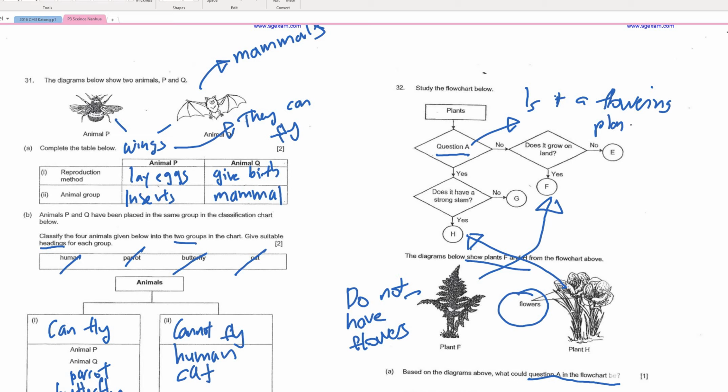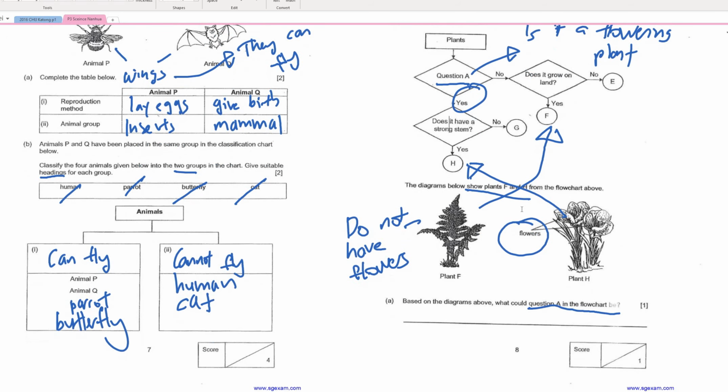That means, does it produce flowers or not? If it's yes, it can be H. Alright, so the question A can be: Is it a flowering plant?